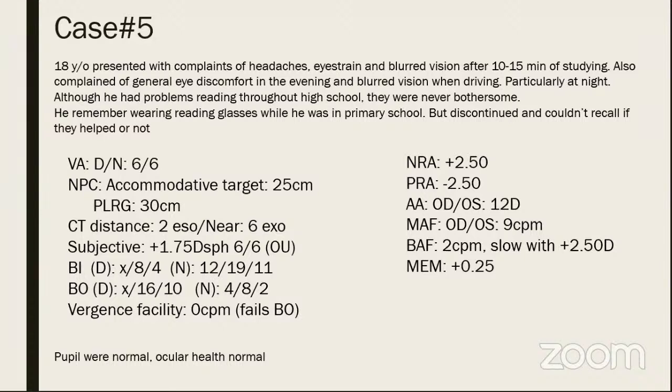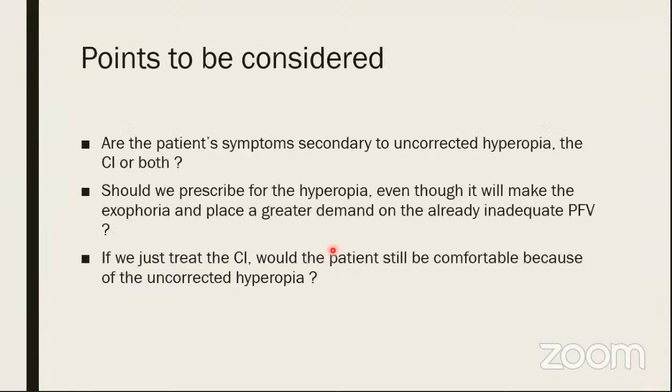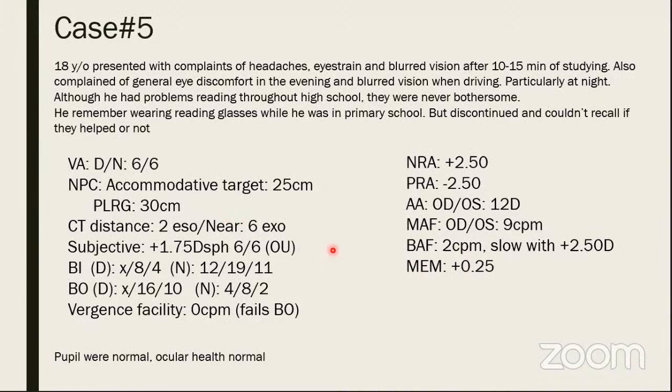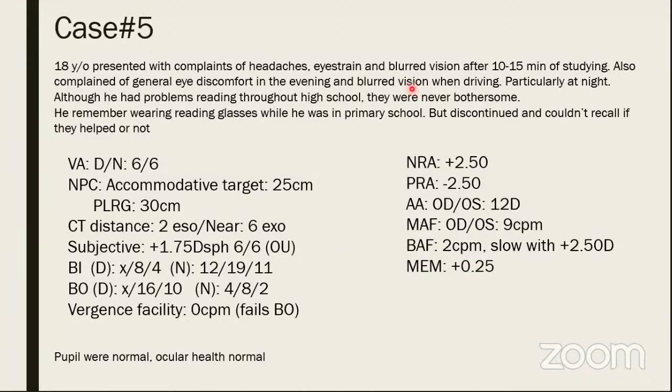So my approach is, let's partially correct the patient. If this kind of case comes to me, I'll go for partial correction, because the patient is also complaining of blurred vision.